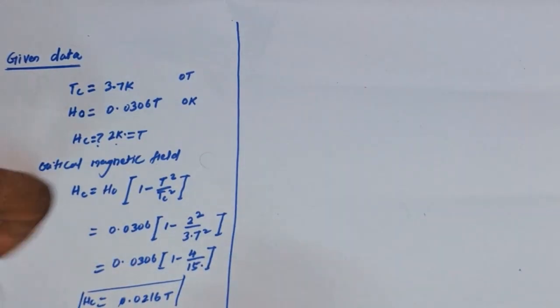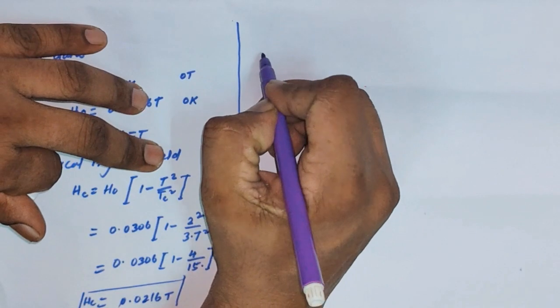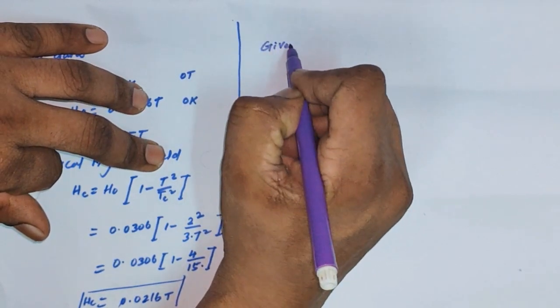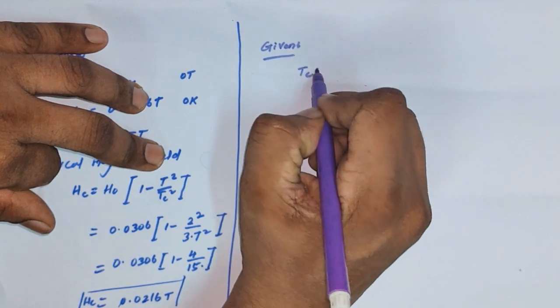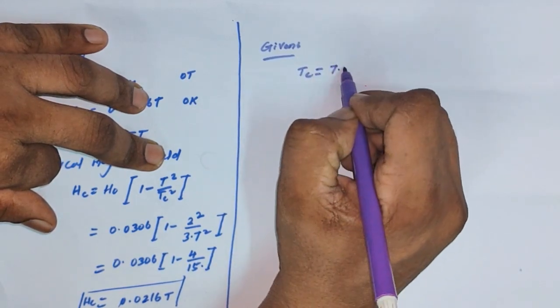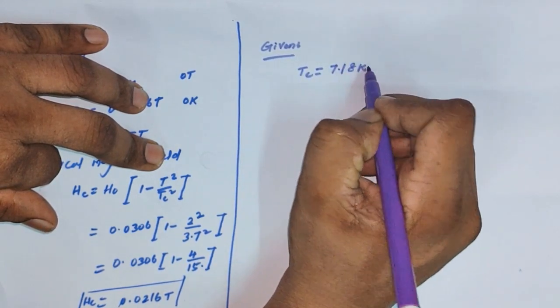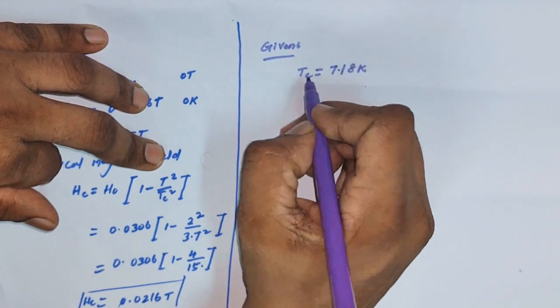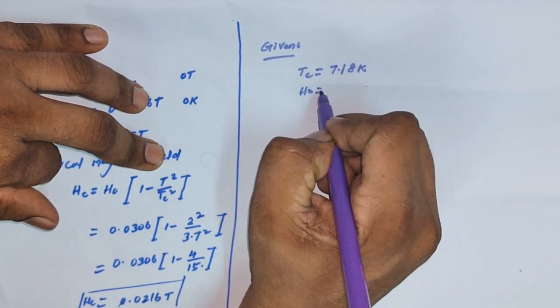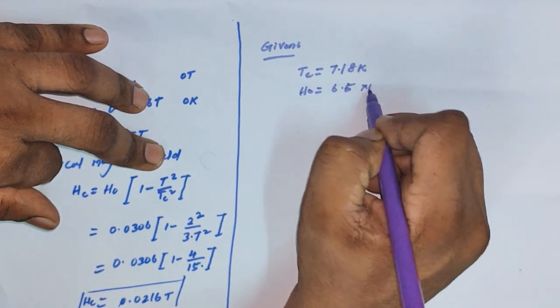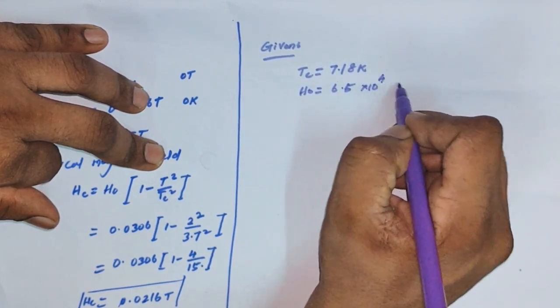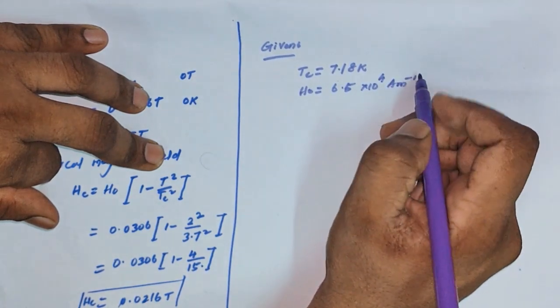First, writing the given data for the lead wire: the critical temperature Tc is 7.18 Kelvin. Then the critical field H naught at T equal to 0 Kelvin is 6.5 × 10^4 ampere per meter.